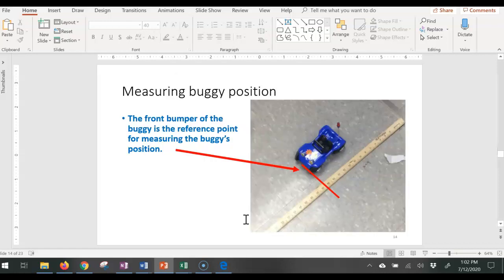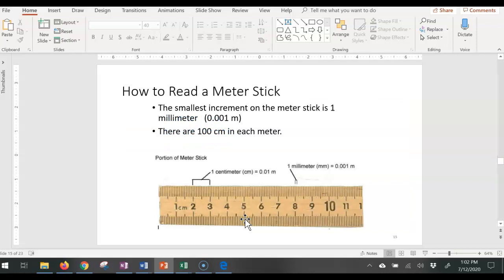Now, when it comes to measuring buggy position, we want to measure the point at which the front bumper is aligned with our meter stick. So I wanted to just mention how to read a meter stick. Here's a blown up picture of a portion of a meter stick, and the smallest increment that's labeled on the meter stick is the millimeter.